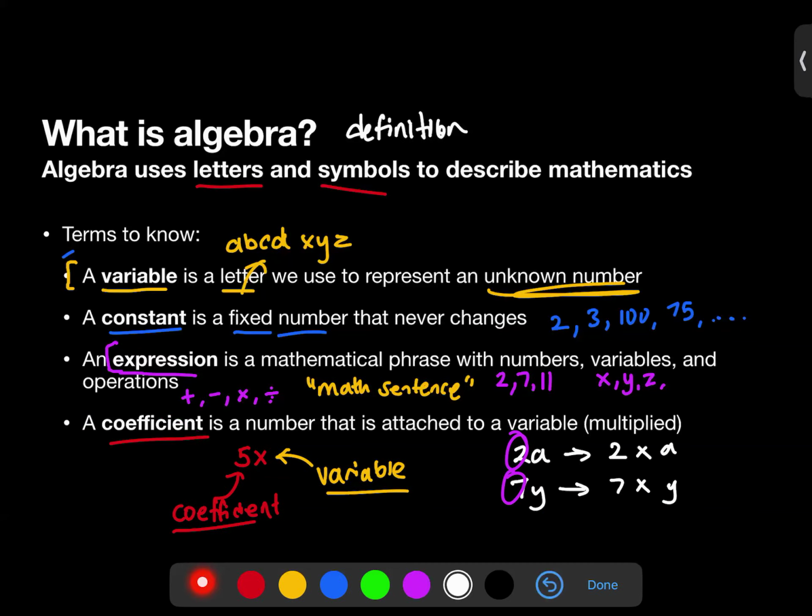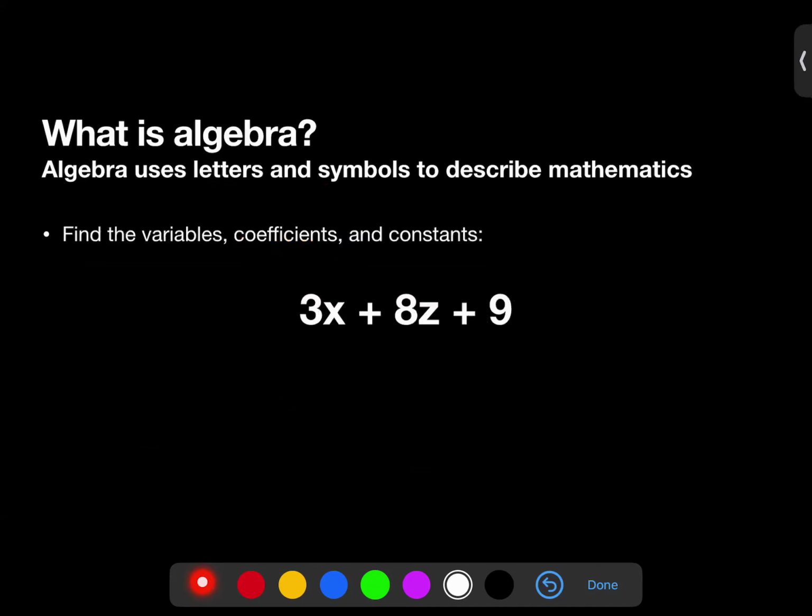So does that make sense to everyone? Everyone is understanding. Good. So we'll look at this and we will determine the variables, coefficients, and constants. The first thing is, what do we call this as a whole?